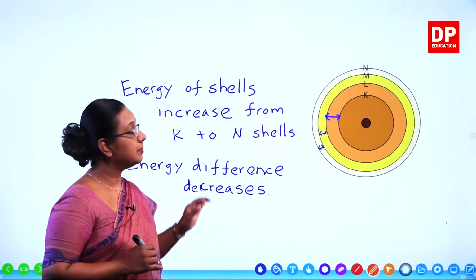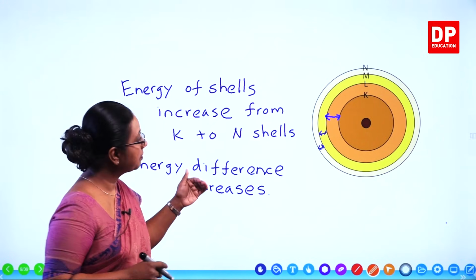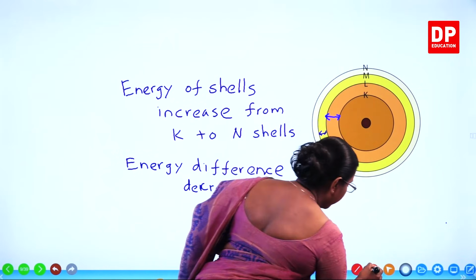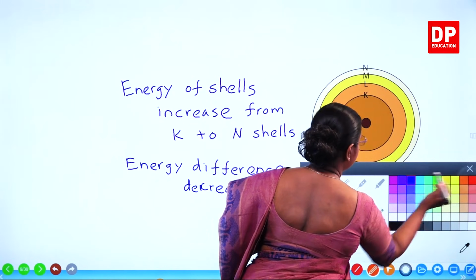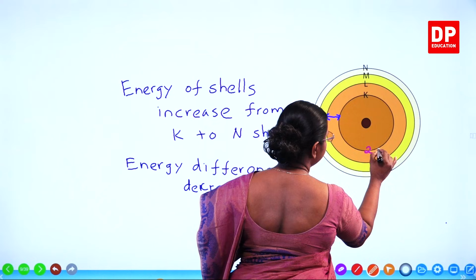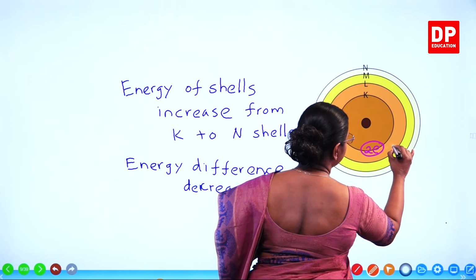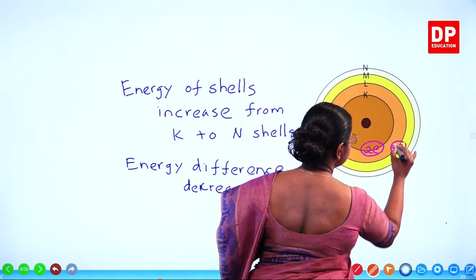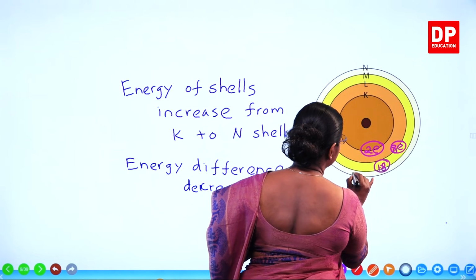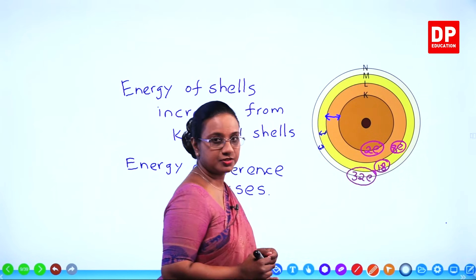At the same time, there are a maximum number of electrons possible in each of the energy levels. If I denote that, you will be able to see that the first shell can have 2 electrons, the second shell can have 8 electrons, third one can have 18, and the last one can have 32 electrons.